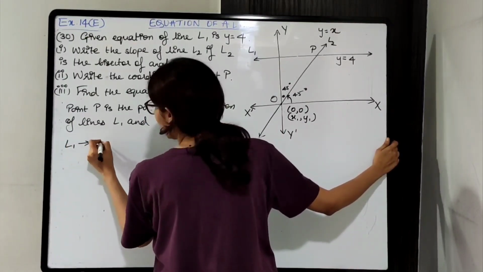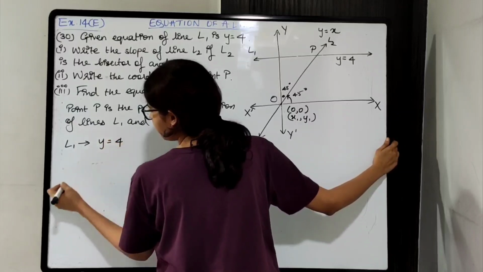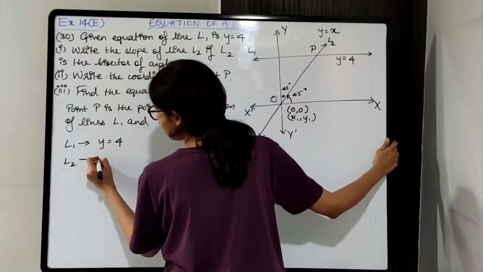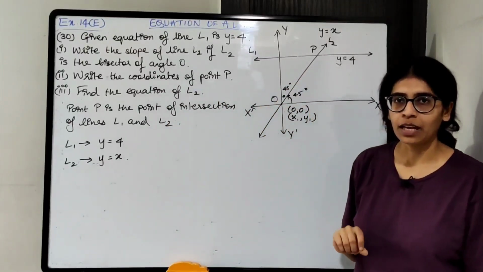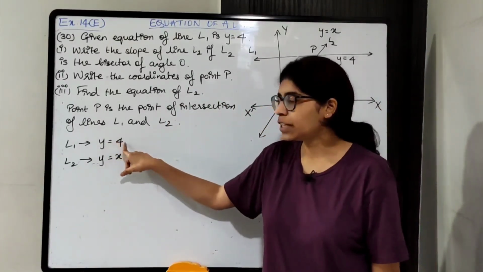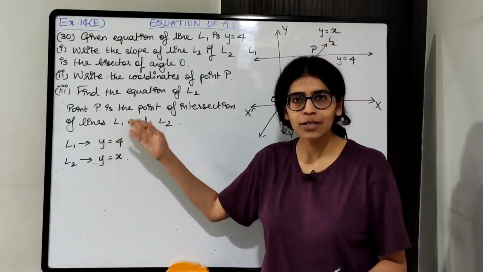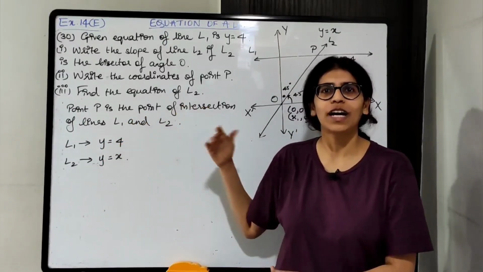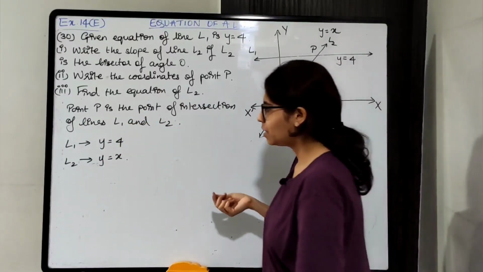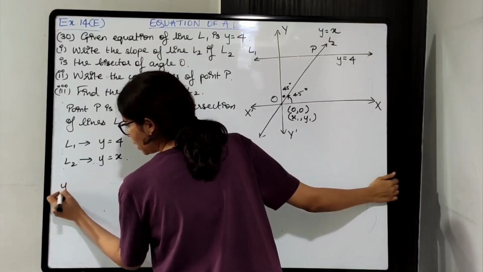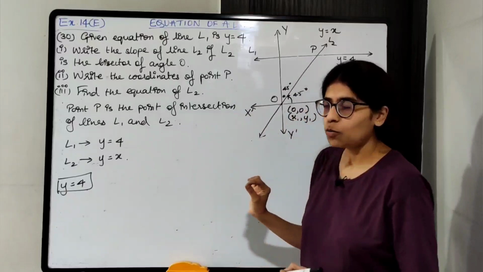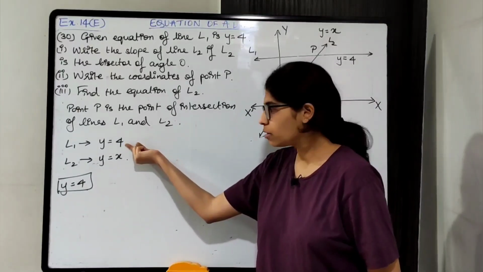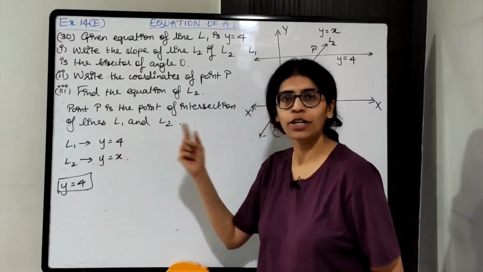It is y equals 4 and L2 is y equals x, which we just found. P's y coordinate will be 4 because it lies on the line y equals 4. So y coordinate will be 4. All right. So y is equal to 4. Now put y equals 4, the value of y, 4 over here for L2.